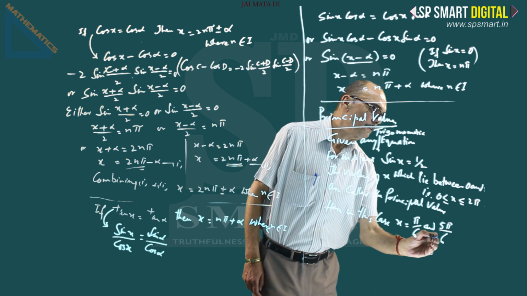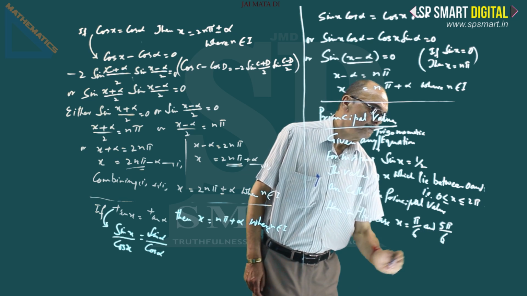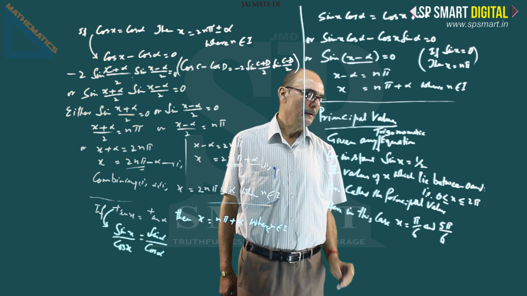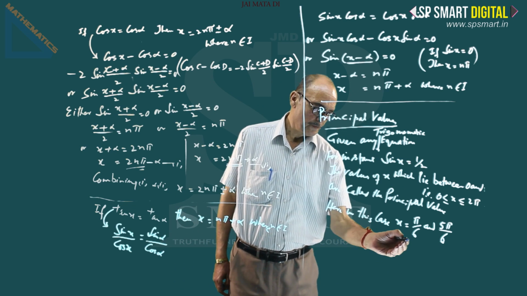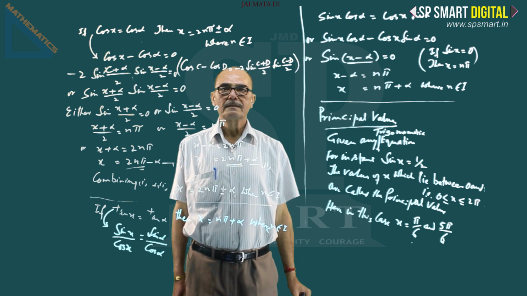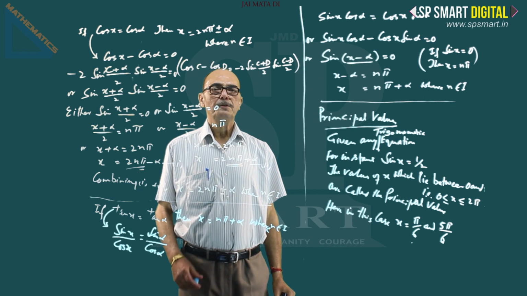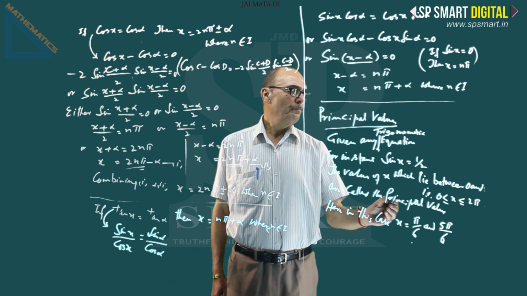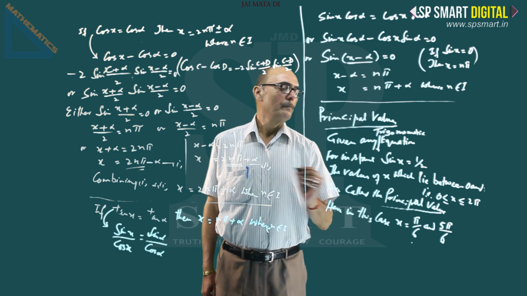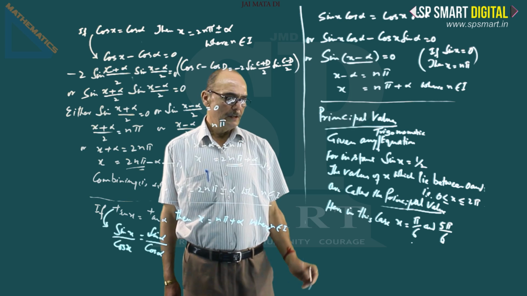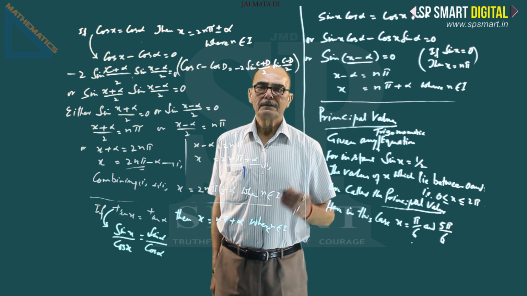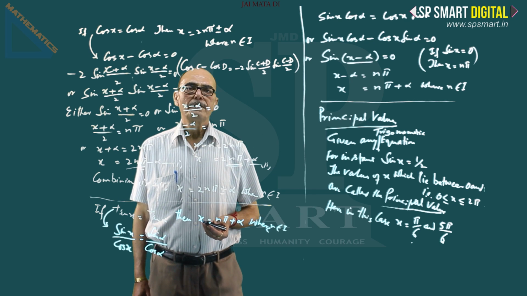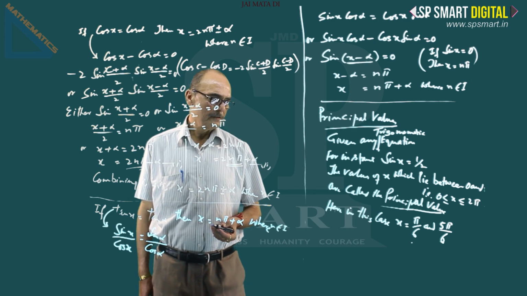That is in first and second quadrant, where sin x is positive. Next, we shall discuss the general solution, where the principal value is required, that we shall discuss in the subsequent lecture, how to find the principal values of a given trigonometric function.